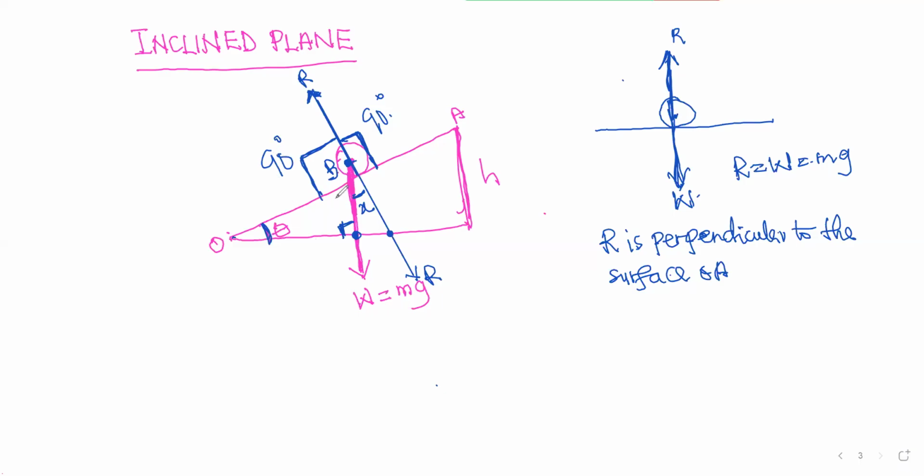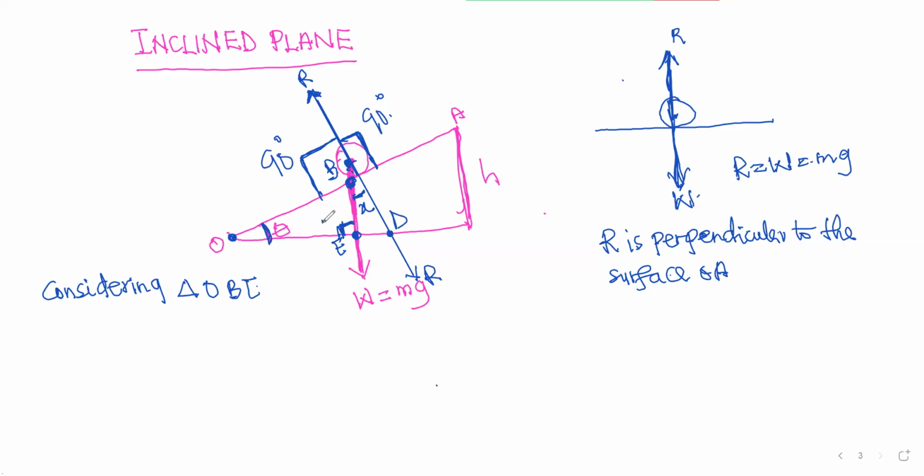Okay. We want to determine x, but let me label this point as E. So when you consider triangle OBE, this point E, if this is 90, the weight is always perpendicular to the ground.